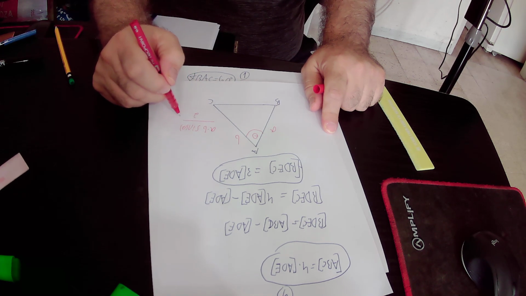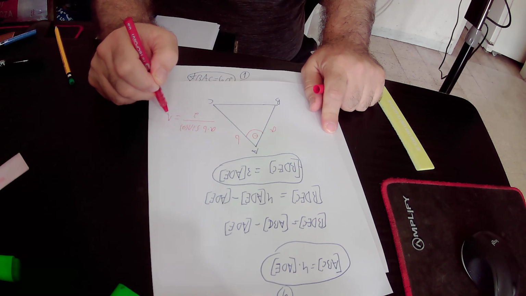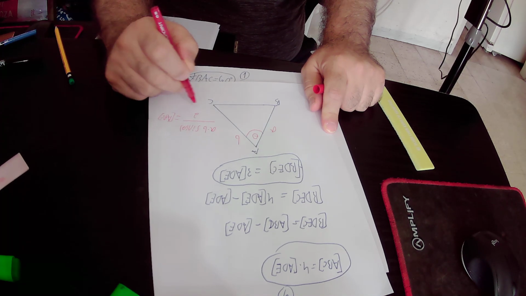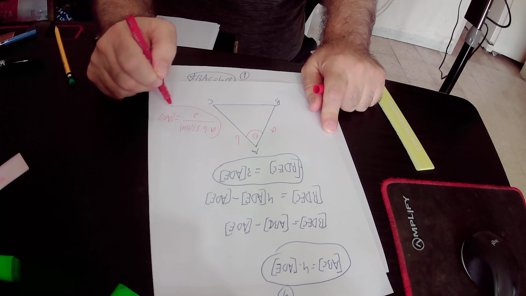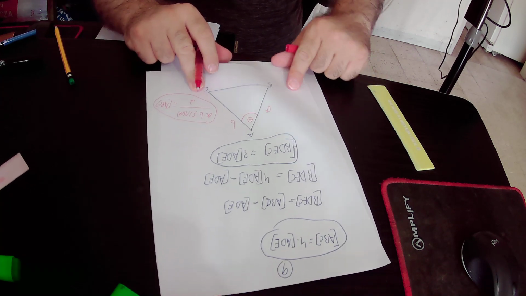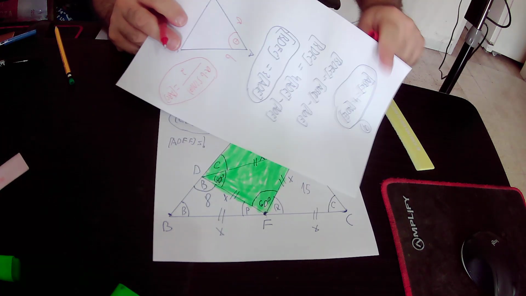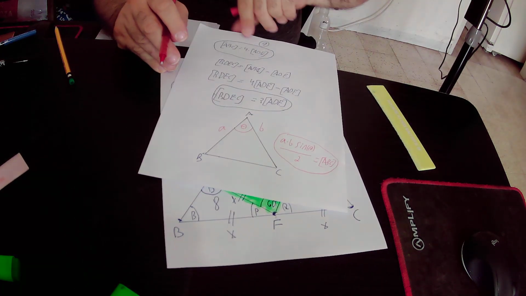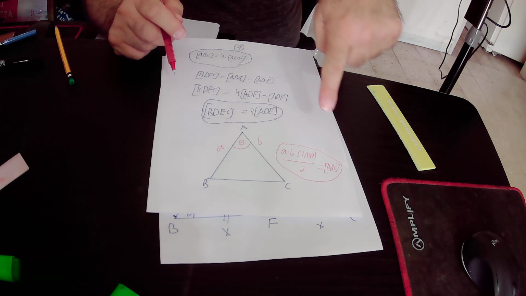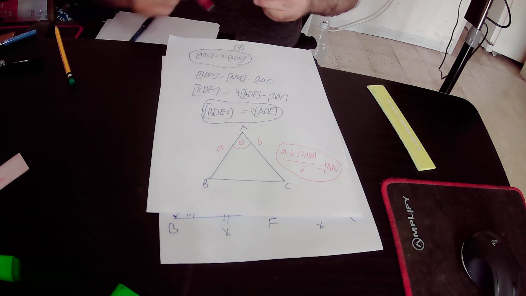Okay, that is the area of triangle ABC. Again, the area of this triangle according to the new formula equals A times B times sine theta over 2.